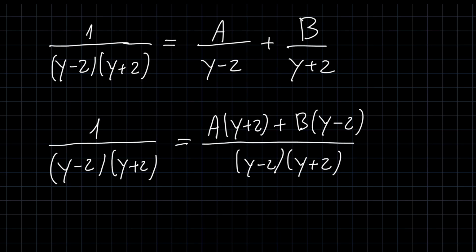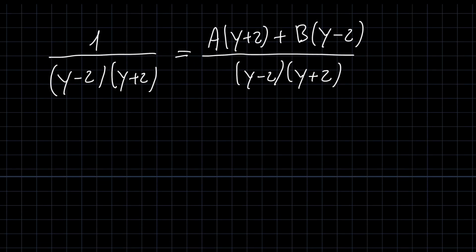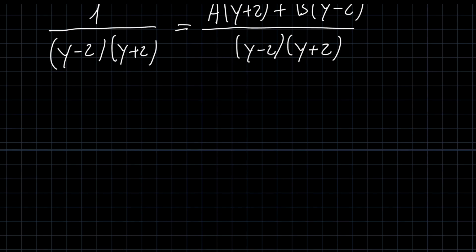So what do I get? Since these two fractions have to be the same, and they have the same denominator, they also need to have the same numerator. So I just have to impose that 1 has to be equal to a times (y plus 2) plus b times (y minus 2).